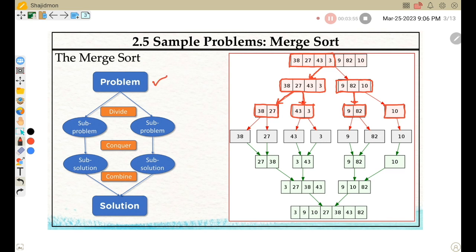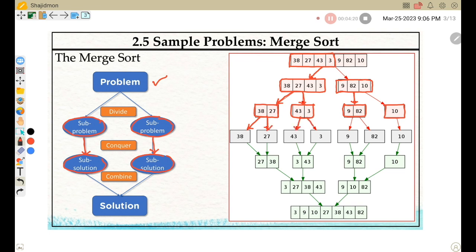So we have a problem and we divide it into subproblems, dividing the list into 2. Then we continue this process recursively, with subproblems, until we get 1 element in each list. These 2 are again divided into single elements, 38 and 27.